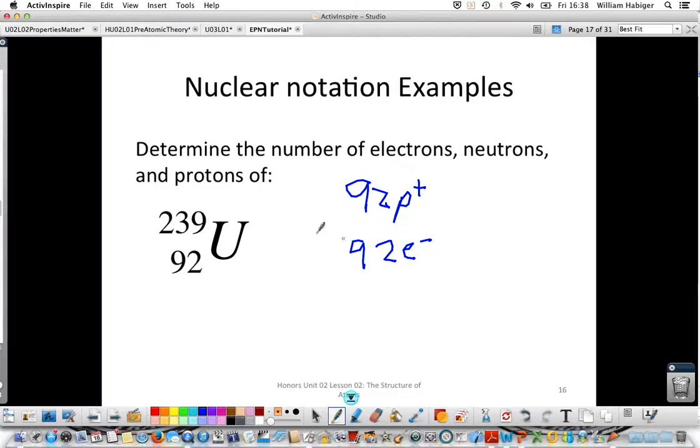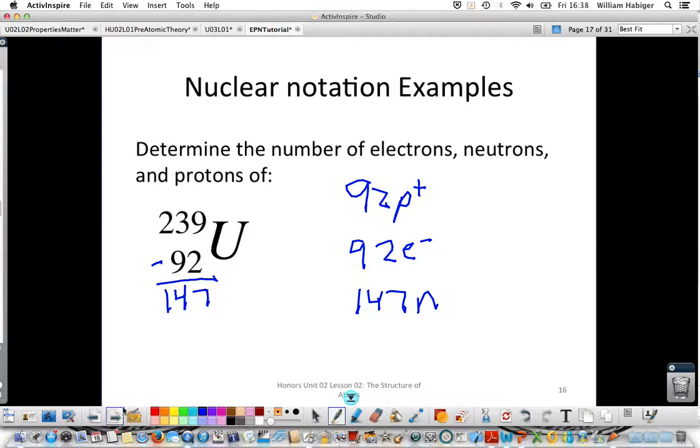If there was a charge, it would be over here on the right, superscripted. To find the number of neutrons, you just take the mass number minus the atomic number, 239 minus 92, which gives 147 neutrons.